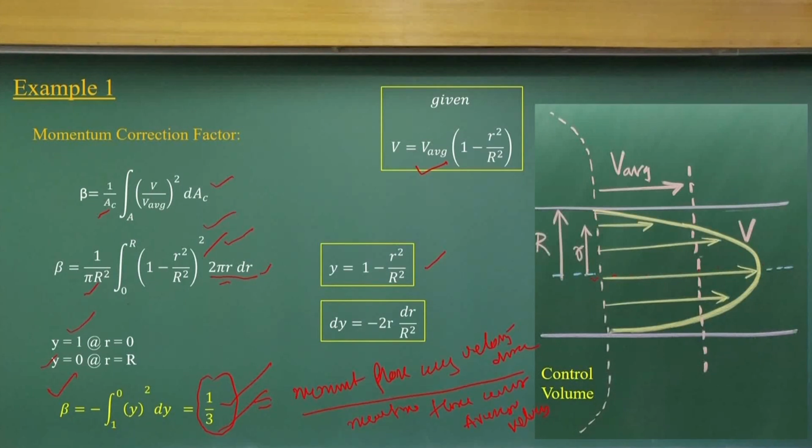The momentum flux using the average velocity is much larger, and that has to be divided by 3 to compute the momentum flux using the velocity distribution.